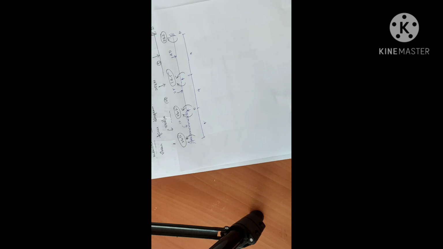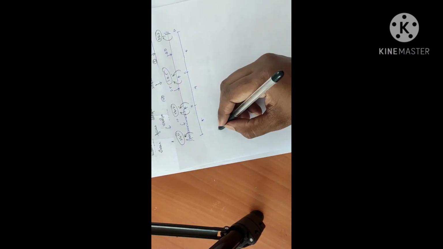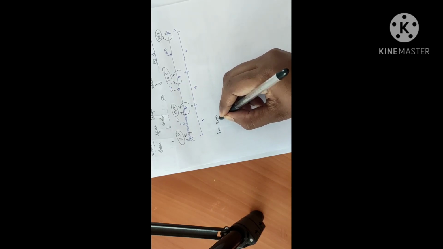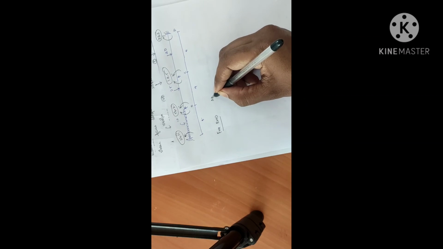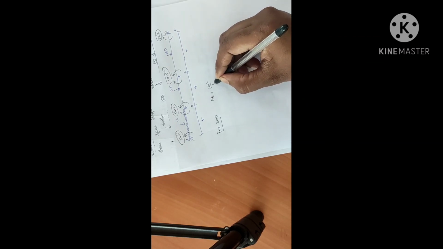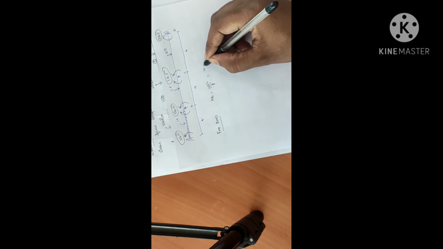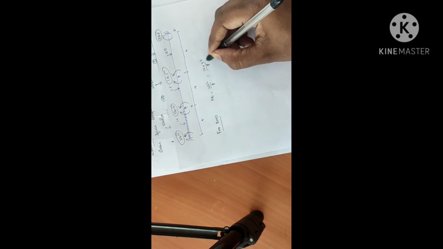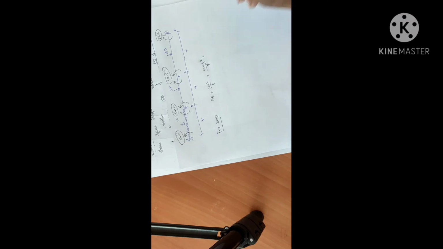To draw the bending moment diagram, I told you we need the free BMD. The free BMD will be due to the loads. For the AB member, it is UDL, so WL square by 8. W is 10, length is 5, square, divided by 8. 10 into 25.